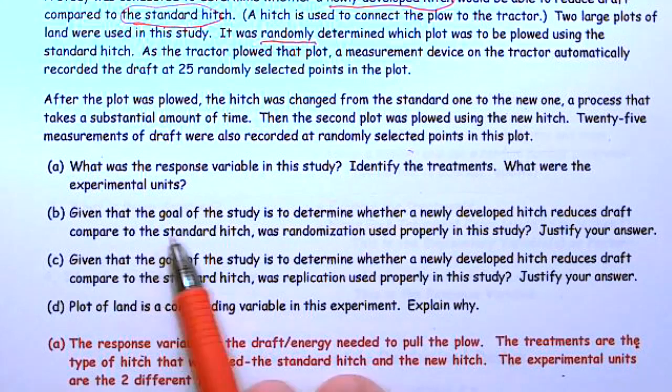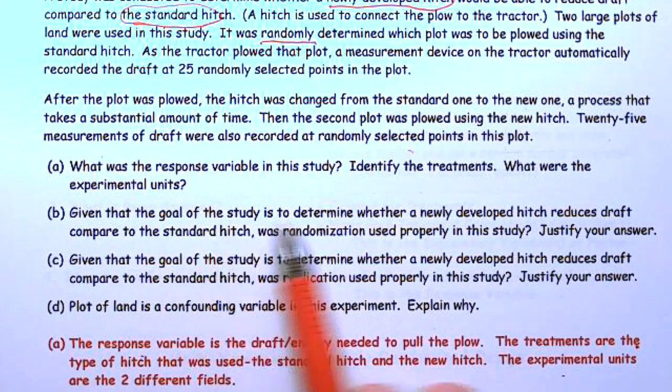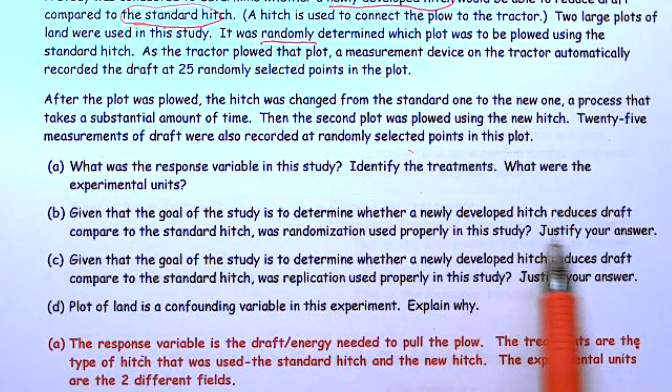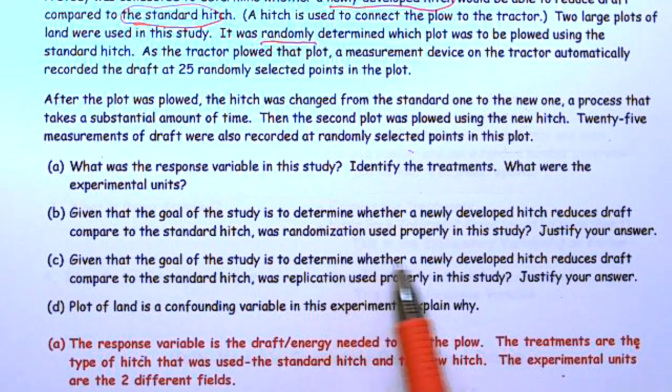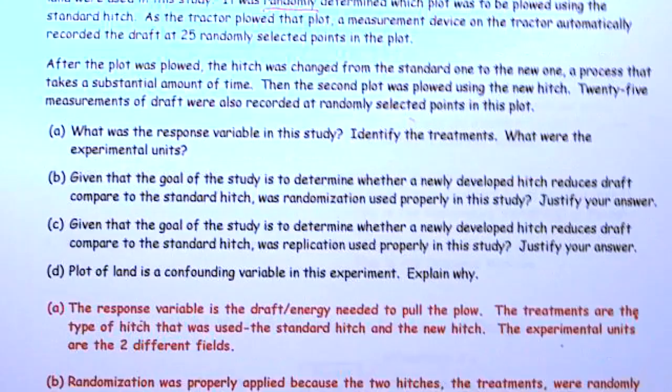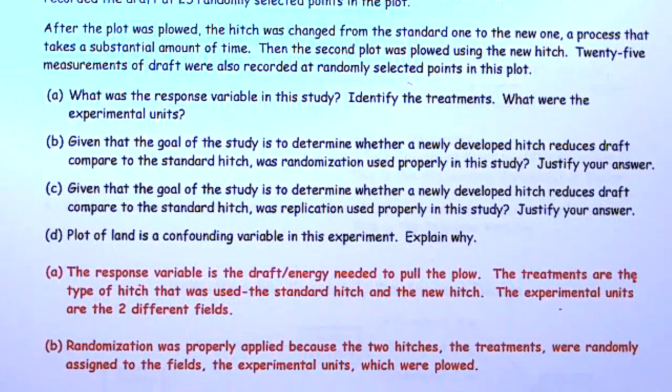Part B: given that the goal of the study is to determine whether a newly developed hitch reduces draft compared to the standard hitch, was randomization used properly in the study? Well, they didn't tell us how they randomized. I'm hoping they put it in a hat and mixed or used a random number generator, but they did say it was randomly assigned. Randomization was properly applied because the two hitches, the treatments, were randomly assigned.